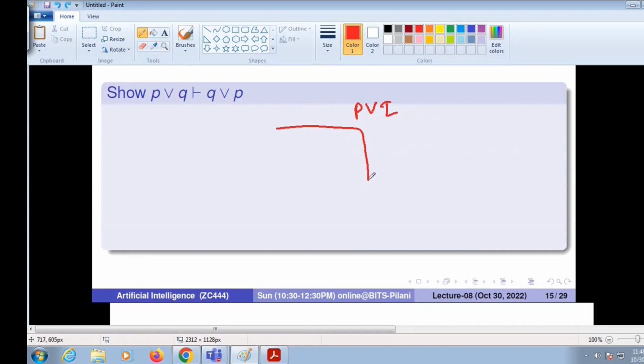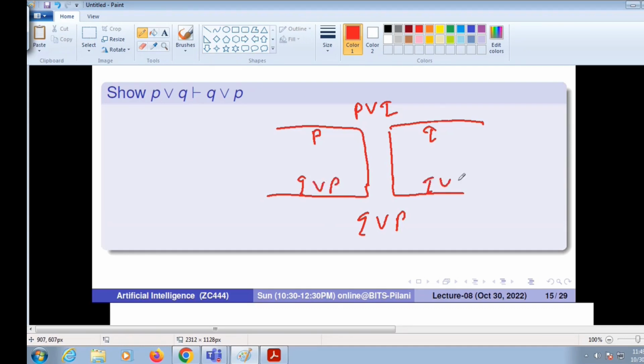I can say I have P and I have Q, do independent logic in each and come up with something so that I can say QRP. So if both of them give me QRP, then I can write like this.